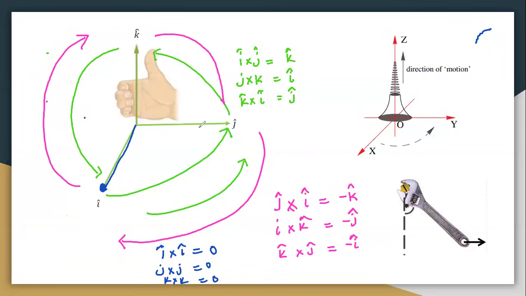Maybe another explanation: when you are crossing I cross I, you'll note that the angle between I and I is 0 as well. So that means there is no turning.